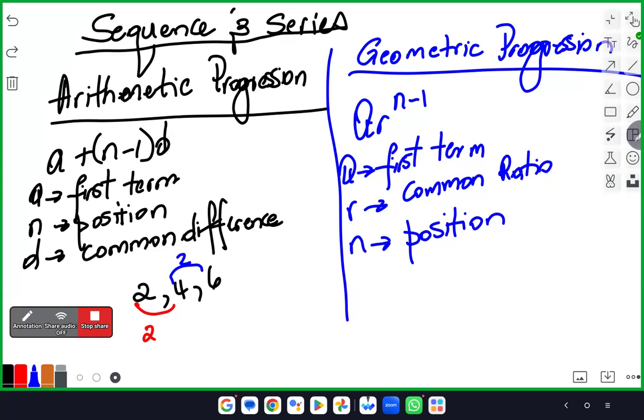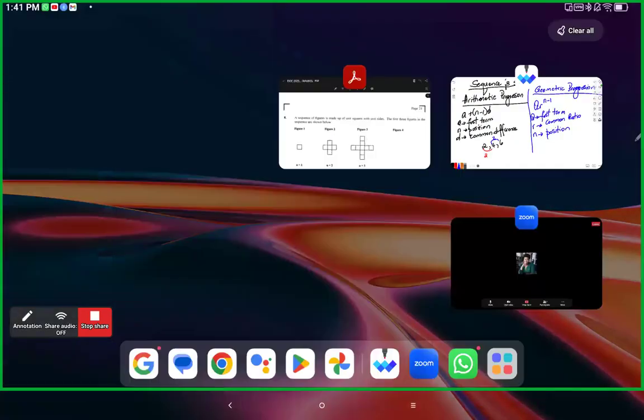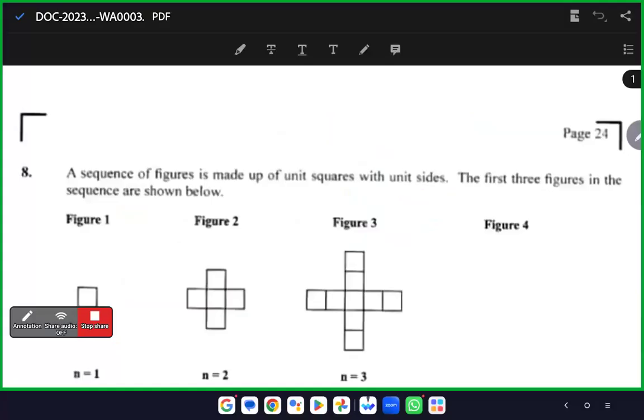Now we are going to be looking at some questions on sequence and series, and they are all past paper questions. I've compiled a group of them from 2016 to 2003. However, we'll be only looking at about 2 or 3 questions today. So please pay attention to what is done here.